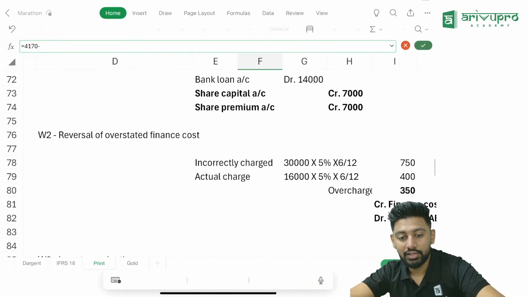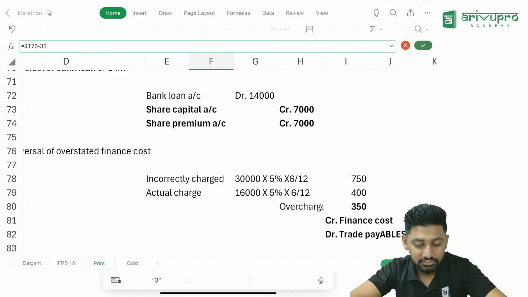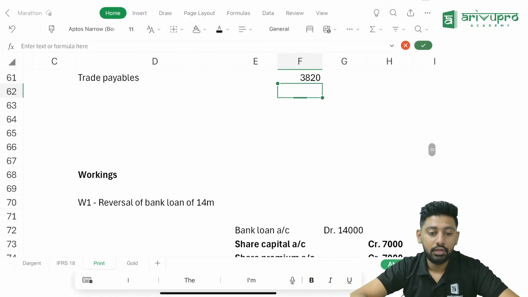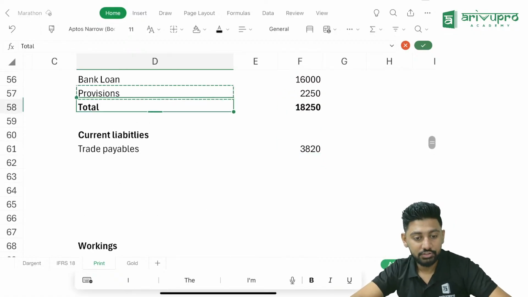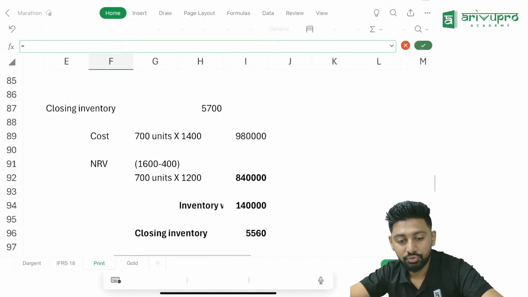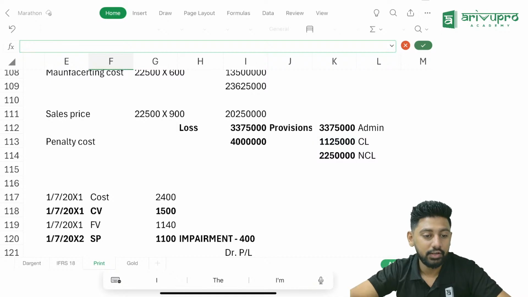I remember we have overcharged interest of 350, so I'm going to reverse that: minus 350, 3,820. I know there is also provisions here. My provisions for current liabilities would be 1,125.